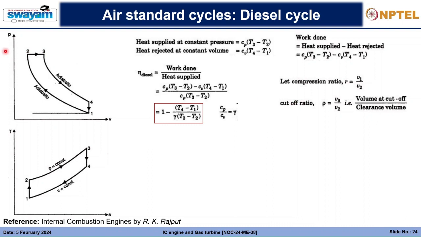So the volume at the cutoff is V3 here, and the clearance volume is V2. So after supplying is 3, before supplying is 2. That is the cutoff ratio out here.